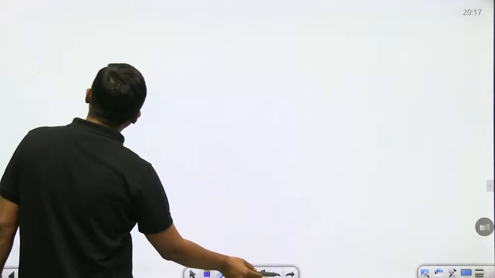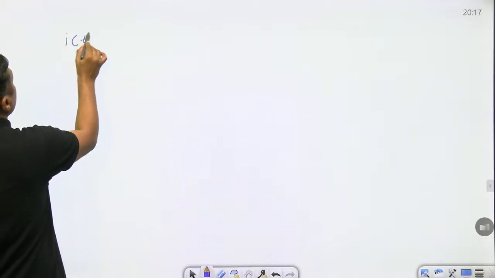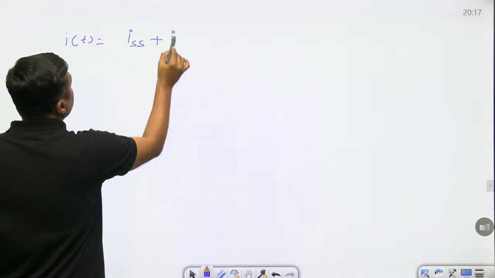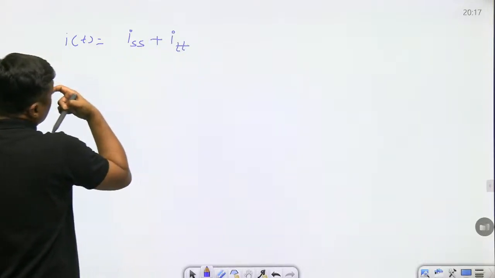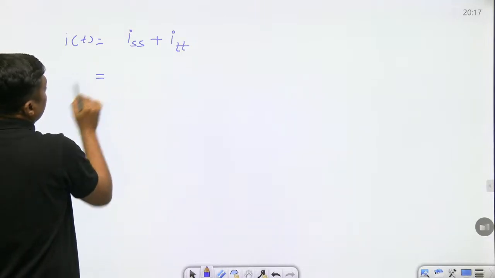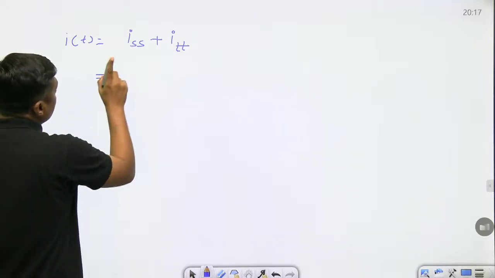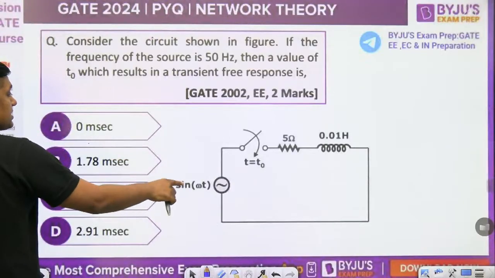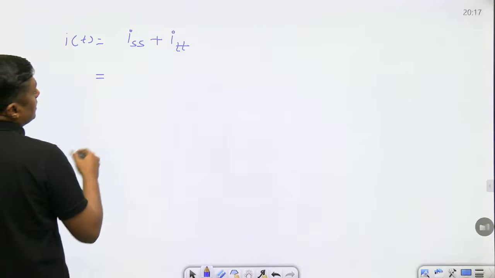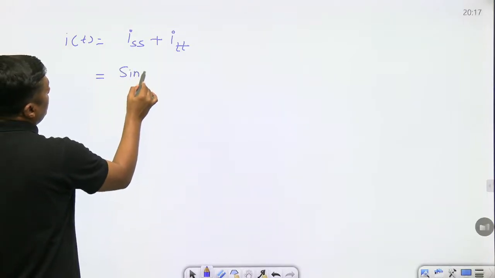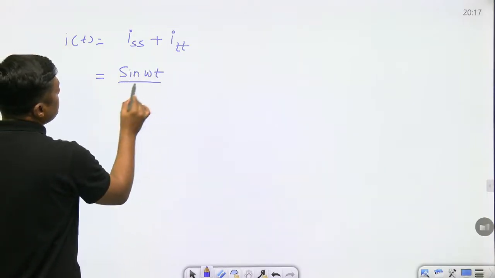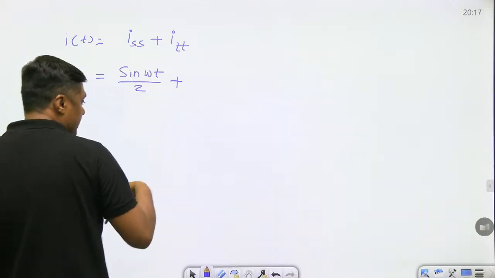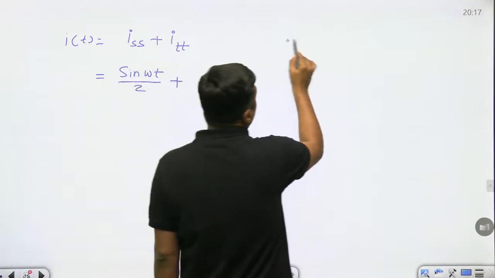For example, I am going to find the IT. Steady state current plus what? Transient. Now, what is the steady state current? Remember, steady state current is given by, what is the signal given? Signal is given as sin omega t upon Z. This will become sin omega t upon Z when I am writing, and plus what is the transient? Because it is an RL circuit.